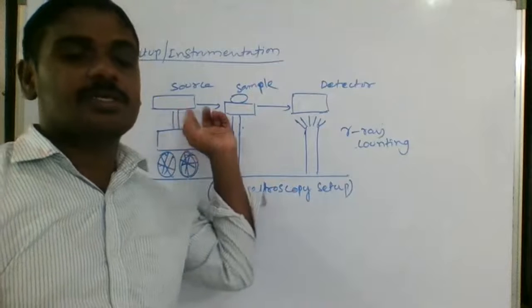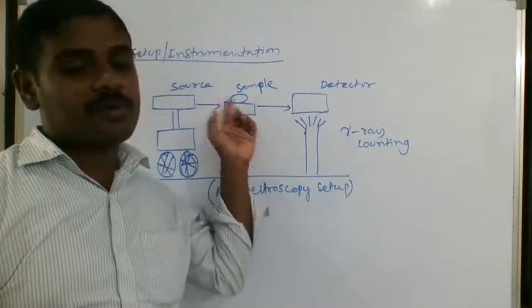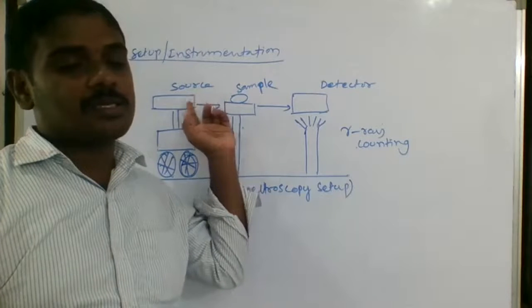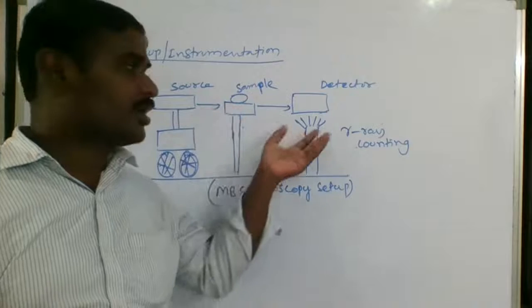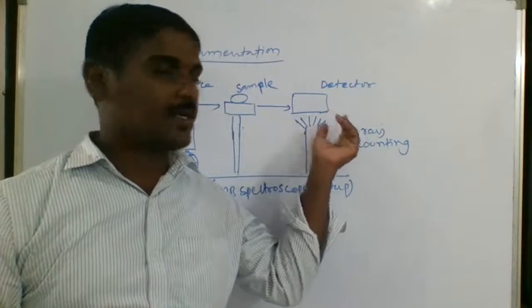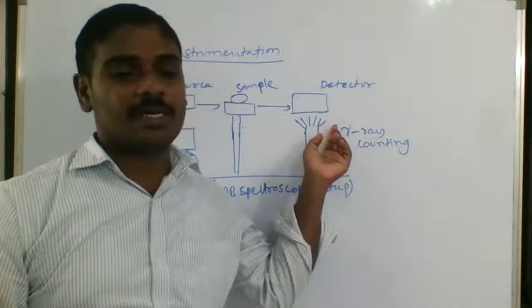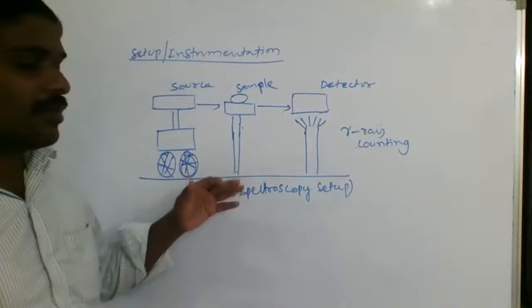This is the source. The source moves towards the sample or away from the sample, and the gamma radiation is counted with the help of the detector. So this is the setup.